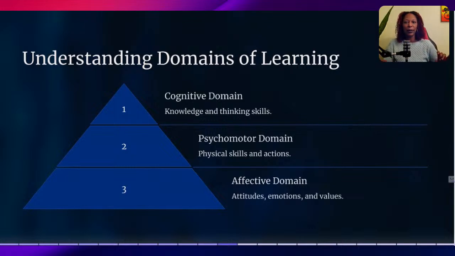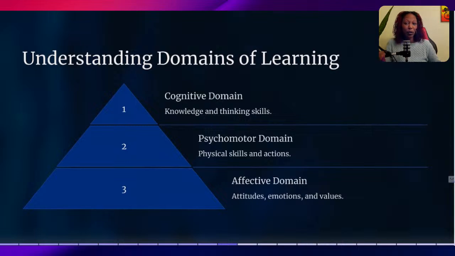So it's really about, how do I connect this material that I'm trying to teach you on a more personal or emotional level? So if you're encouraging your people that are in your class to value customer engagement or building confidence in public speaking, it ties all to that affective domain.